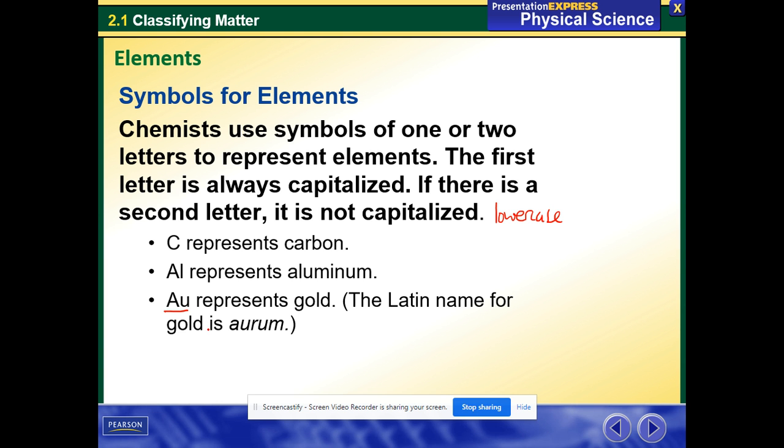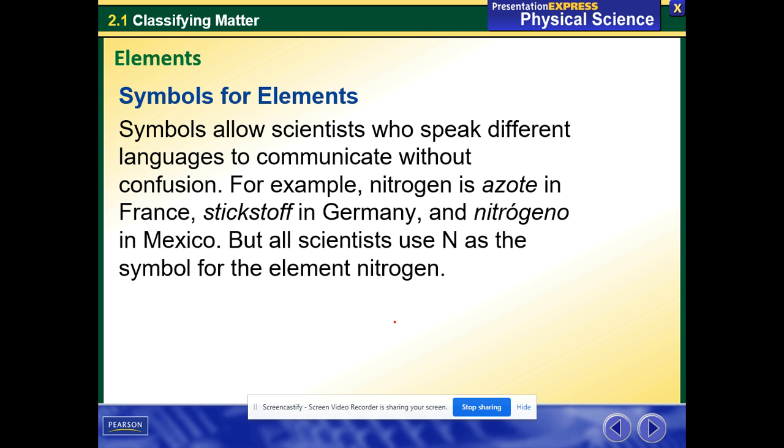Many of you might be like, Au, that doesn't make sense for gold. Why not G or GO? Well, that's because all of the symbols come from the Latin name. Symbols allow scientists who speak different languages to communicate without any confusion.